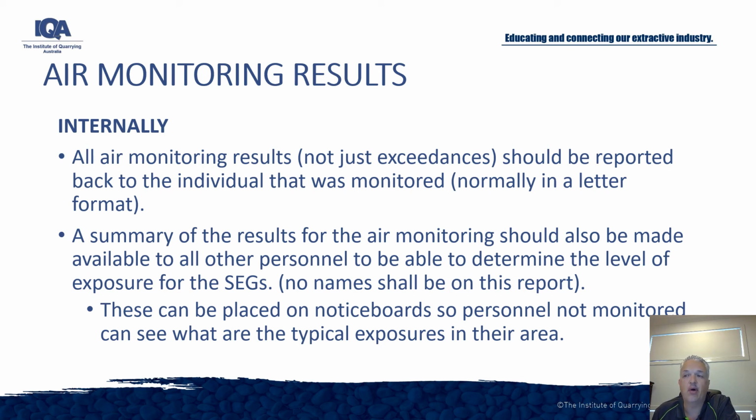So a simple, quick way would be just put the similar exposure group, how many tests you've done, the minimum and maximum numbers, and also the number that were above the workplace exposure limit. That gives people an idea of what they've been exposed to.